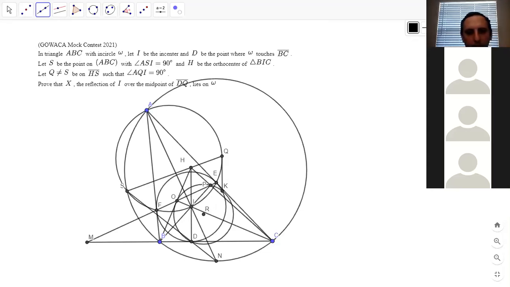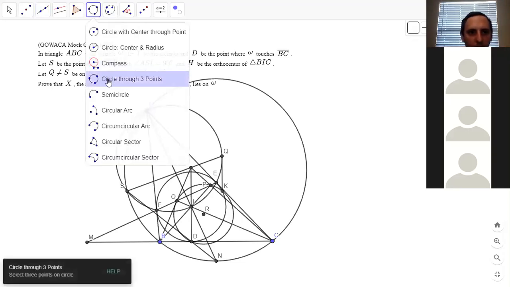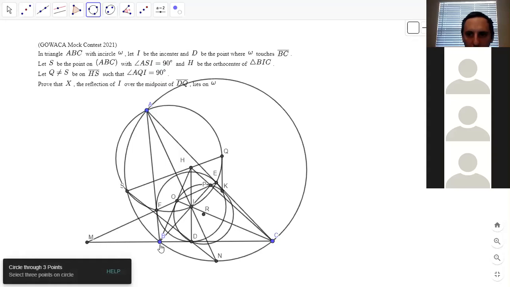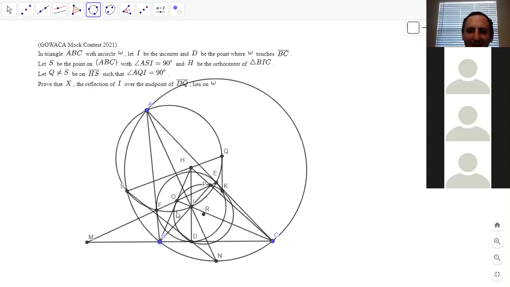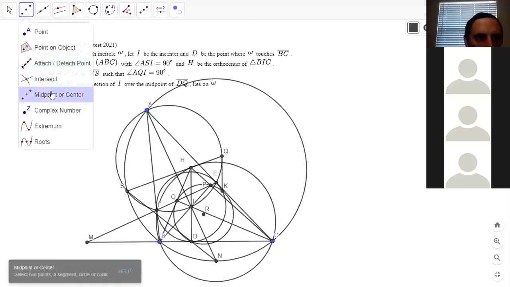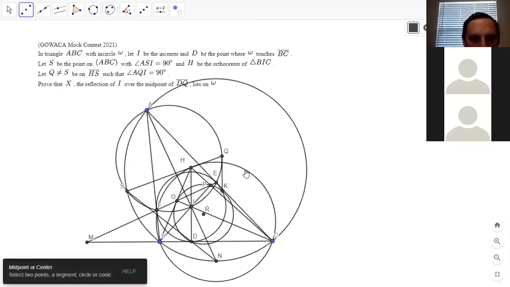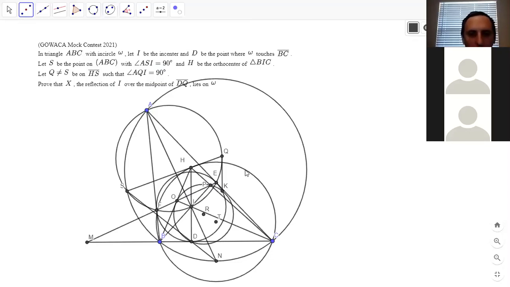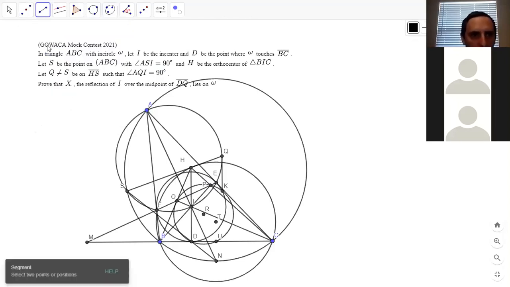I don't know if it's worth drawing the circumcenter of BHC. Oh, yeah, you just said to do it. Okay. All right. So here T is the circumcenter, and U is the midpoint, which lies on the 9-point circle.